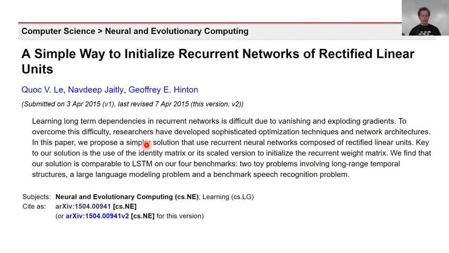And actually a Geoffrey Hinton paper was like, hey, you know, after, what is this, 2015? After recurrent neural nets have been around for decades, he was like, hey, gang, maybe we should just use the identity matrix to initialize this. And it actually turns out to work really well.